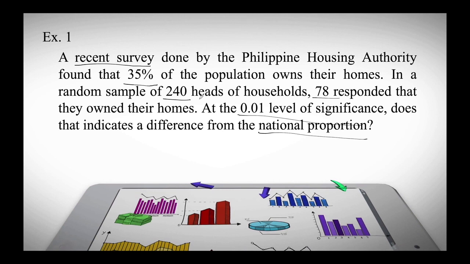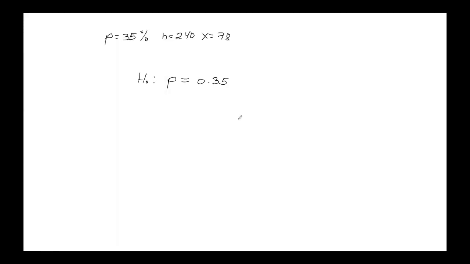In a random sample of 240 heads of households, 78 responded that they owned their homes. At alpha level 0.01, does that indicate a difference from the national proportion? Since our H sub 0 is equals, our alternative will be P not equal to 0.35.